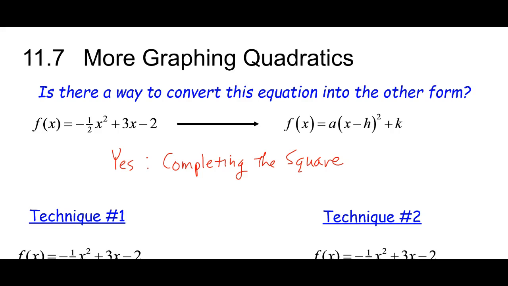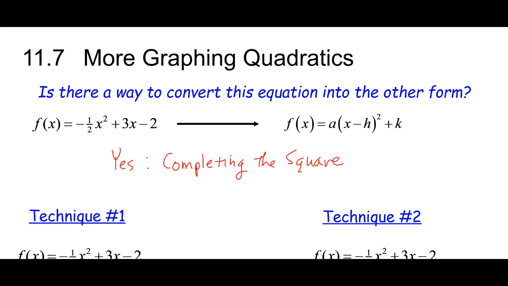Completing the square is not a lot of fun. And if you wanted to graph this thing, leaving it in multiplied out form is very tempting. It's not that much harder to use the vertex shortcut instead of the HK thing. And once you know what A is and make a table of values, none of that seems like such a price to pay, and completing the square doesn't seem like it's worth it.